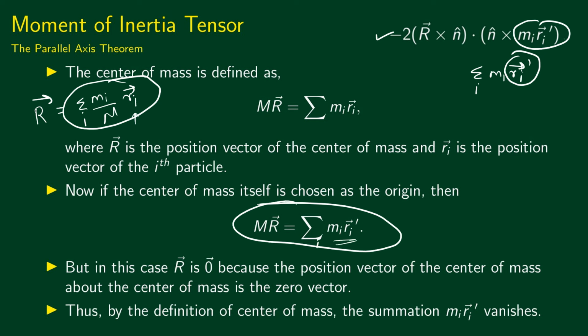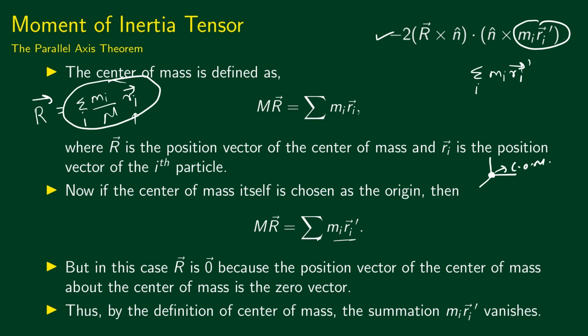But if you choose the coordinate system with the center of mass at the origin, then in this coordinate system, the position vector of the center of mass is simply the 0 vector, because the center of mass is at the origin of this coordinate system. So in this case, R vector is 0 vector. In other words, the sum over i of mi Ri vector prime is actually a 0 vector.